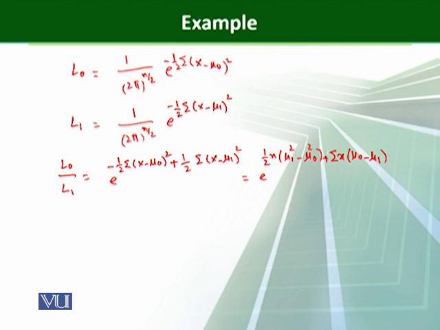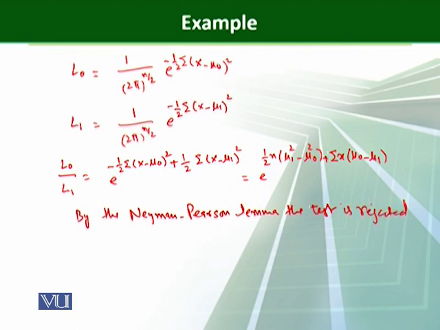Now by using the Neyman-Pearson criteria, by the Neyman-Pearson lemma, the test rejects h naught when L naught over L1 is greater than or equal to k, the first criterion which we studied in the Neyman-Pearson lemma.